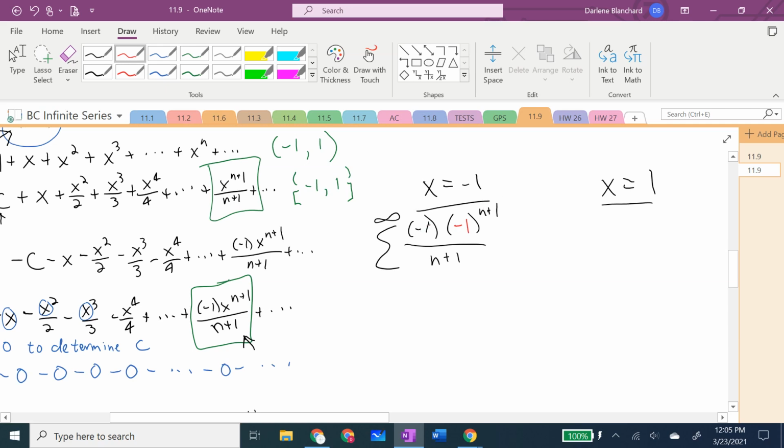And I want you to see that if I have this -1 over here to the understood 1 power, and I'm multiplying by -1 to the n plus 1, what's another way to write this? And even more crazy, how else could I write it and it would be the same thing?